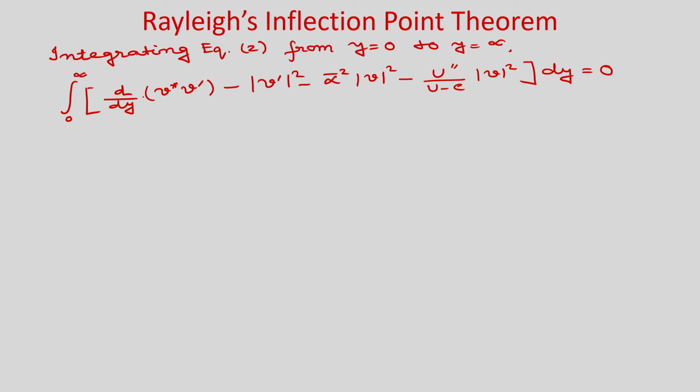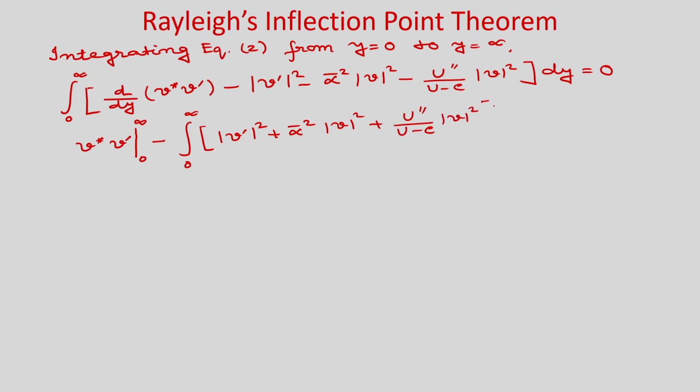Now you can see the first term, if you integrate, obviously it will be the integral of d of v star v prime, so you will get v star v prime with limits 0 to infinity, and minus the integral from 0 to infinity of mod v prime squared plus alpha squared mod v squared plus u double prime divided by u minus c mod v squared dy, equal to 0.